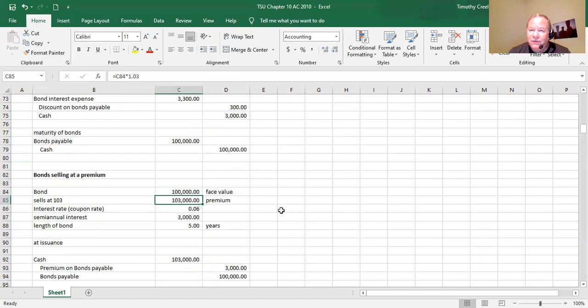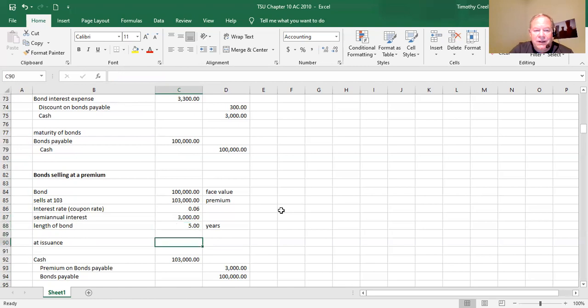Since we're getting more than the face value, these bonds are at a premium. Our interest rate is 6%. To figure our semi-annual interest, we simply take the interest rate times the face value, which gives us semi-annual interest of 3,000. The length of the bond is going to be 5 years.